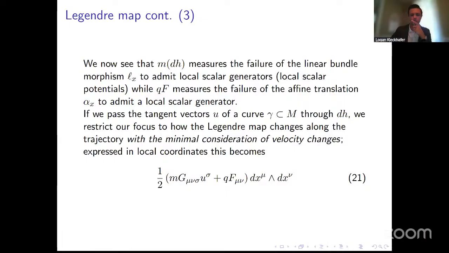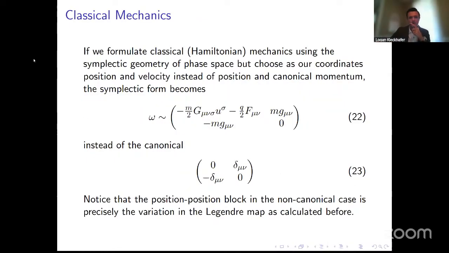Really what we're interested in is the position dependence of the velocity to momentum map. Expressed in local coordinates, that gives you equation 21, which is precisely what appears in the symplectic form when we use tangent space.